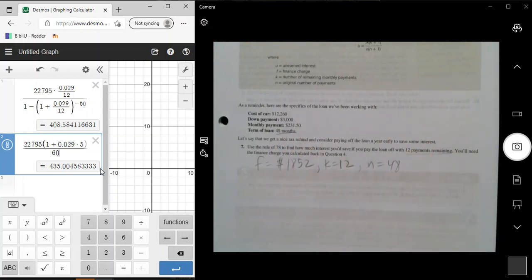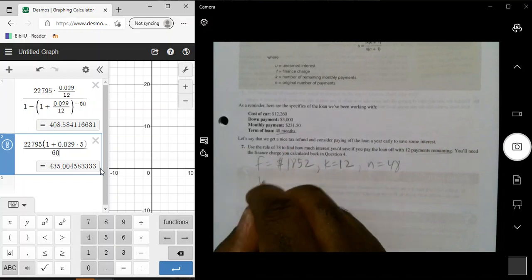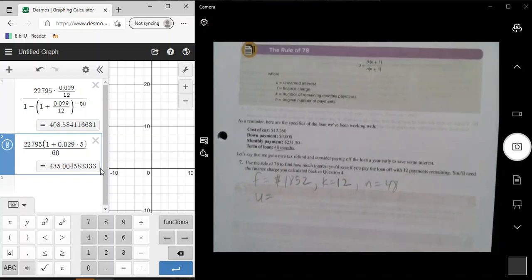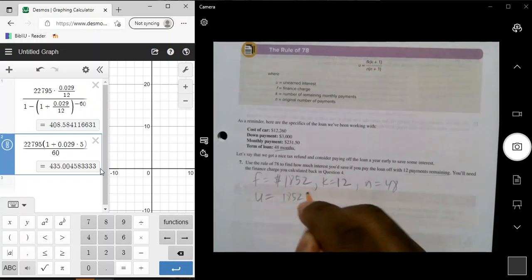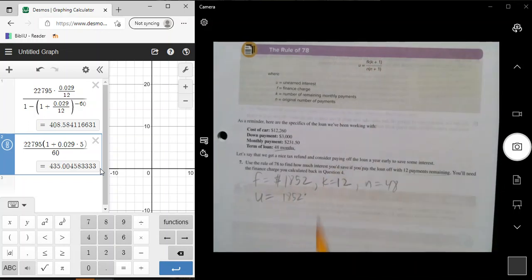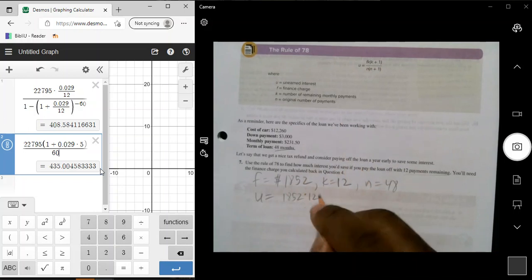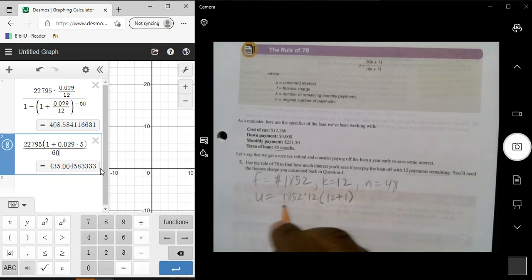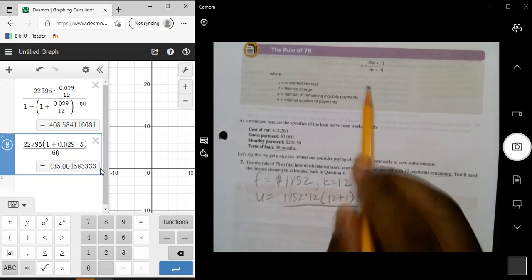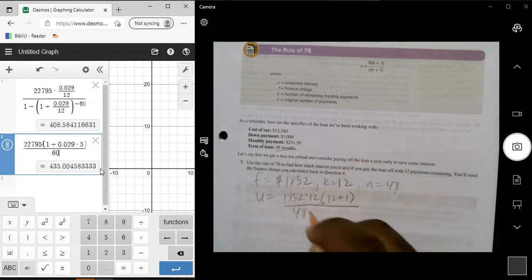Okay, so now we will go through and substitute. You have U is equal to F, which is 1,852, times K, which is 12, times (12 plus 1), all over N, which is 48, times (48 plus 1).